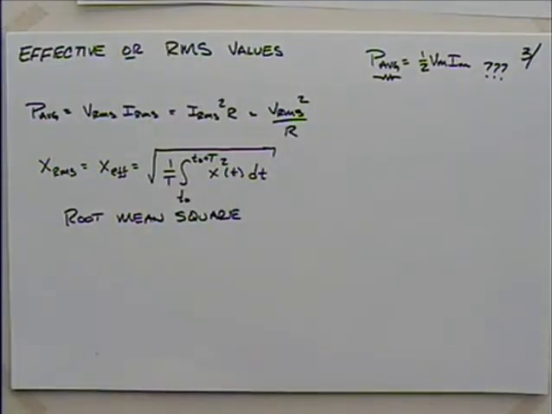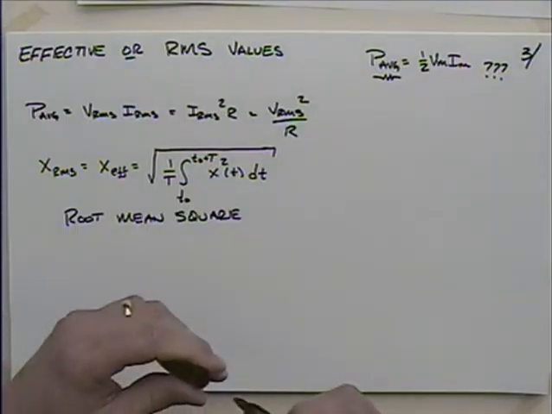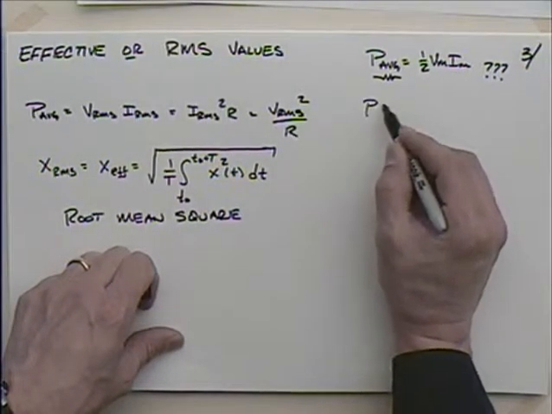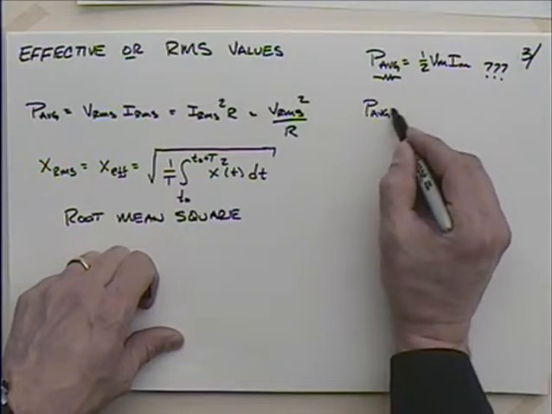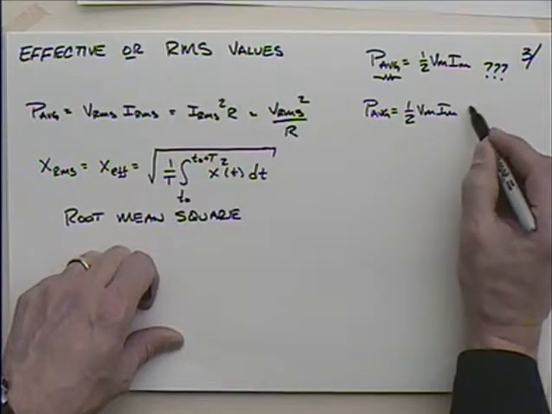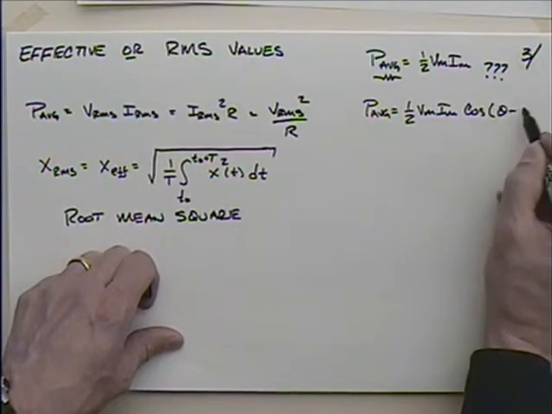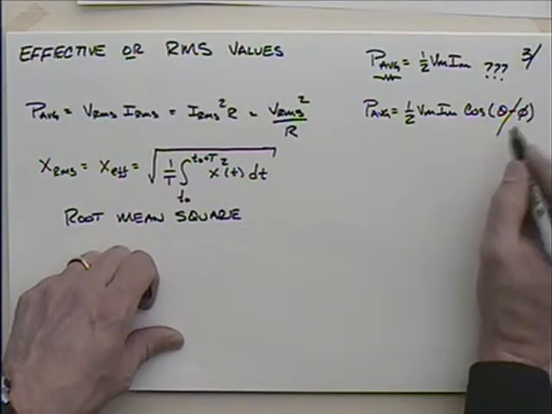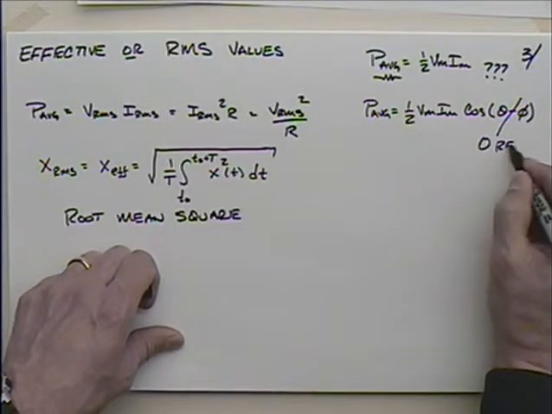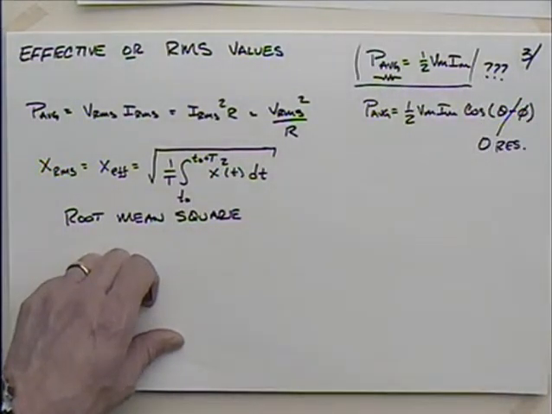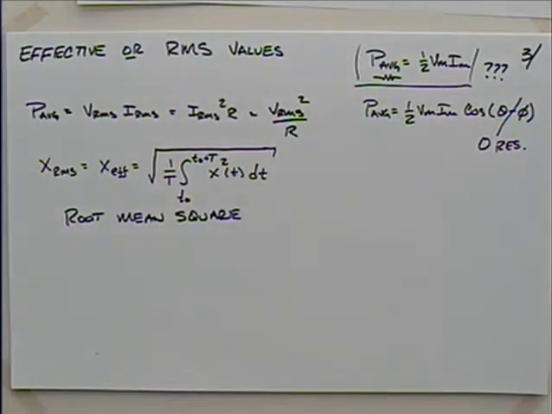When we had the average power expression, we said that the average power is equal to 1/2 times Vm times Im times the cosine of (θ minus φ). And for a resistor, this was equal to 1/2 Vm Im, wasn't it? So we came up with this expression there. We put a box around that. People remember that and use that.